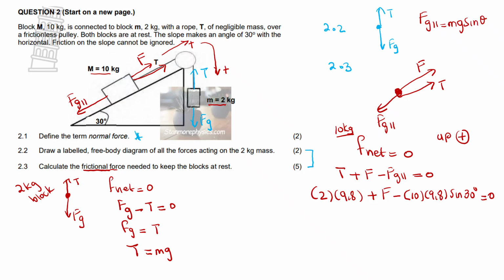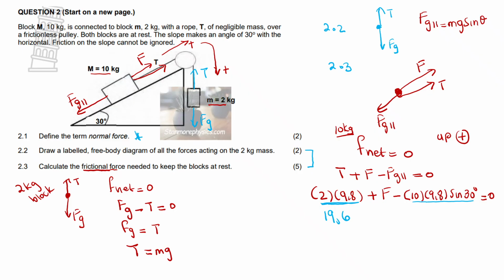Okay, let's fix something here. 2 times 9.8 is 19.6. When I say let's fix something, we just punch this on the calculator.